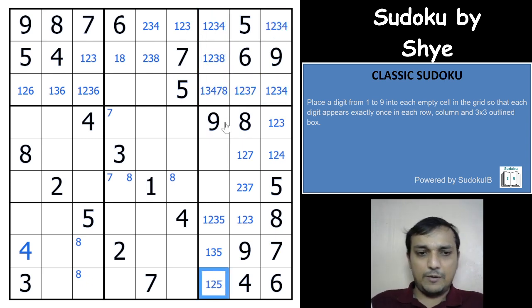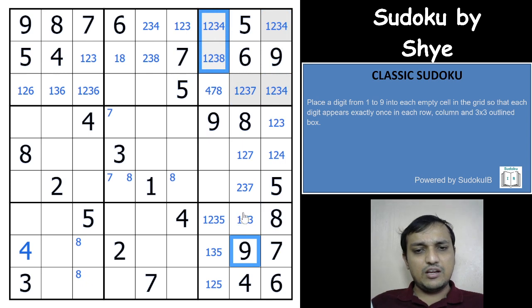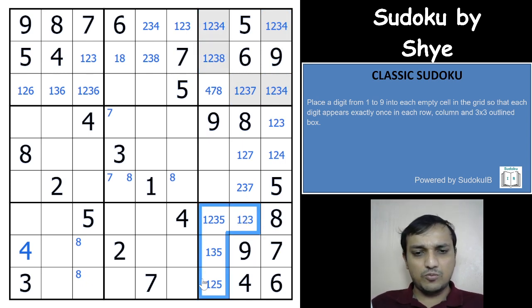So this cell can never be a 1, 2 or a 3. One of the 1 2 and 3 would have to be in these cells, one would have to be in this cell, and the third would have to be here. So if you have both digits here, this cell gets stranded. You can have only one digit here in this cell out of 1 2 and 3, right?